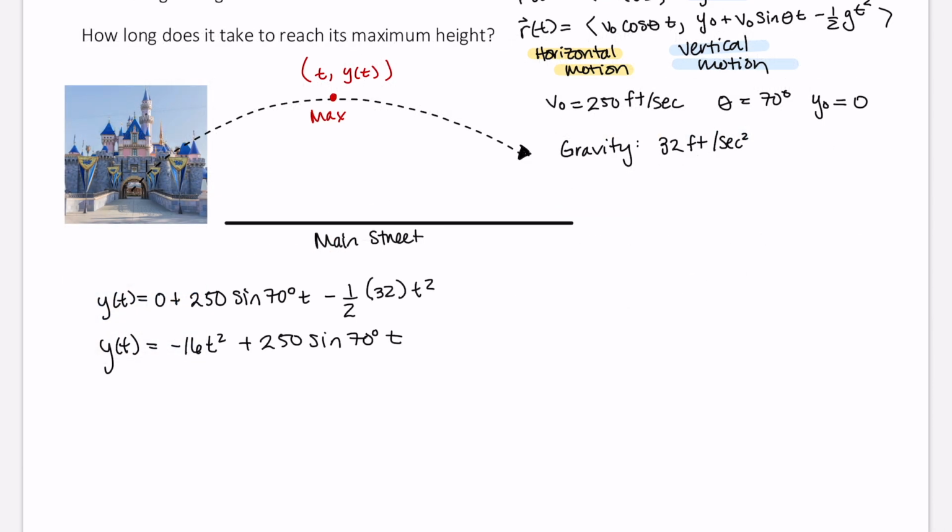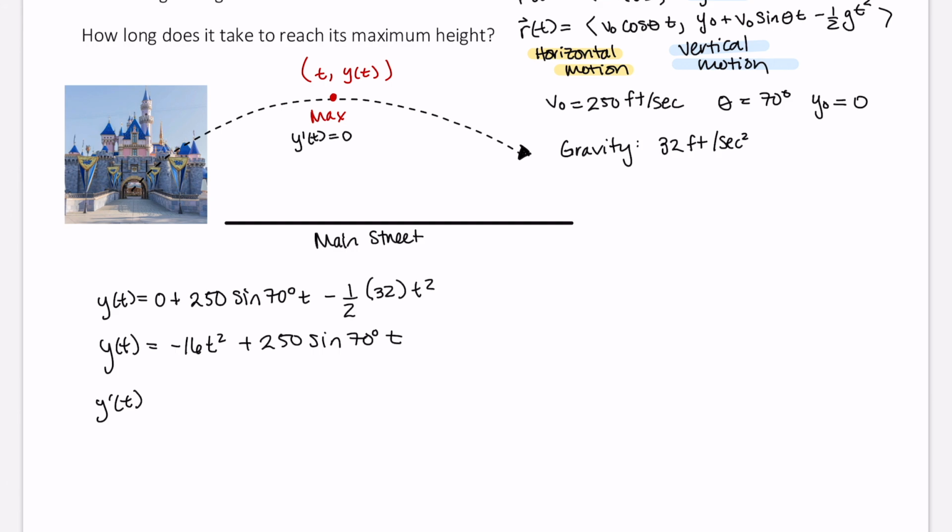So to solve this problem using calculus, to find the max, let's go ahead and set y prime, the first derivative, equal to 0. Remember, you have a max when the first derivative is equal to 0. Let's go ahead and find the first derivative.